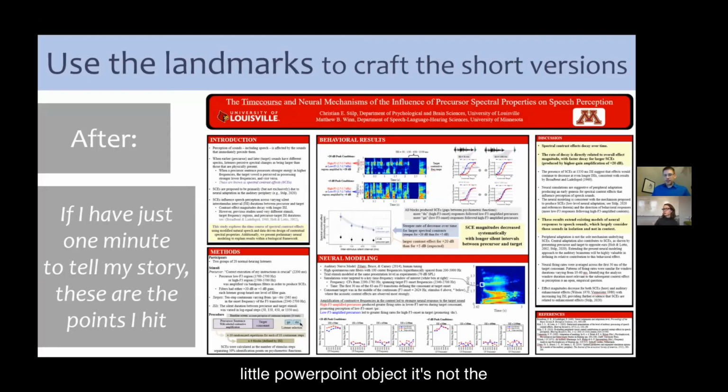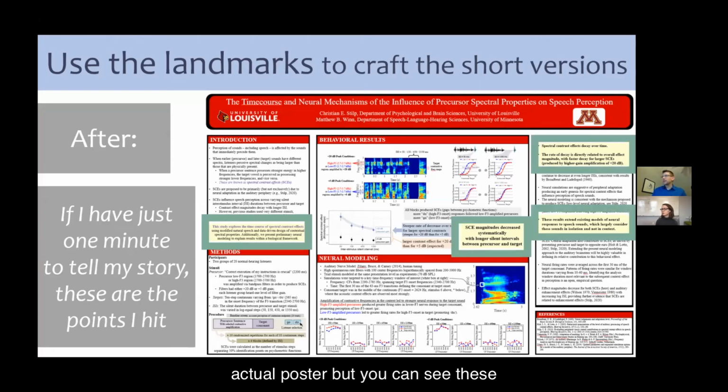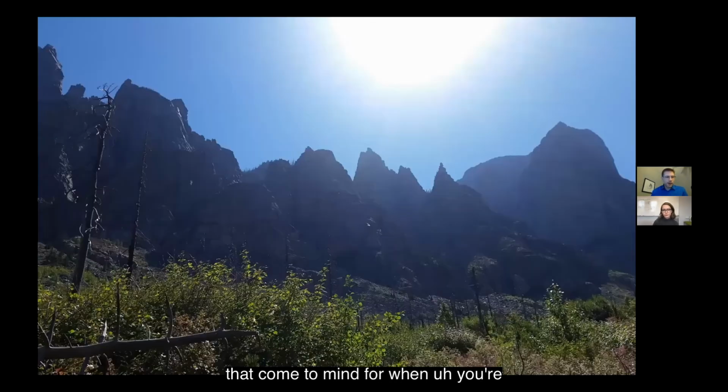So this, I'm just doing this with a little PowerPoint object. It's not the actual poster, but you can see these big green boxes here. These stand out, right? So if I'm just looking at this poster and no one's there to present it, I'm probably looking at what's in those boxes, right?